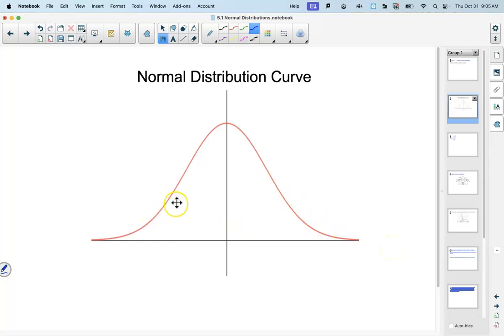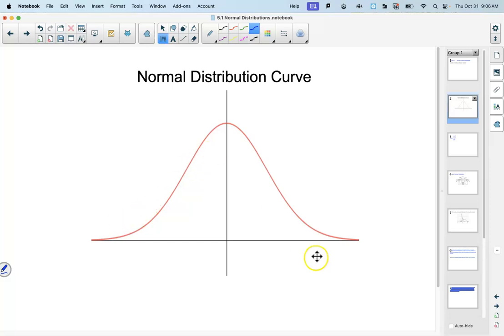And instead of having bars, it's a curve. Because really, how wide would each bar be? Well, it'd be infinitely thin, wouldn't it? So this is our normal distribution curve. And we're going to work with this to find probabilities of continuous random variables, but not of a particular outcome, but of a range of outcomes.